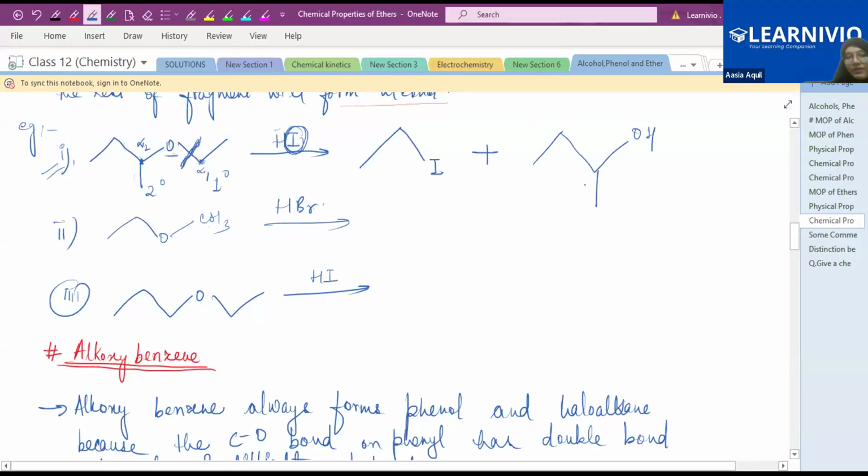So in this type of question, when a primary and a secondary alpha carbon are present, you will get a secondary alcohol and your primary haloalkane. Then do the second and third. Ali and Rinda, quickly do this.